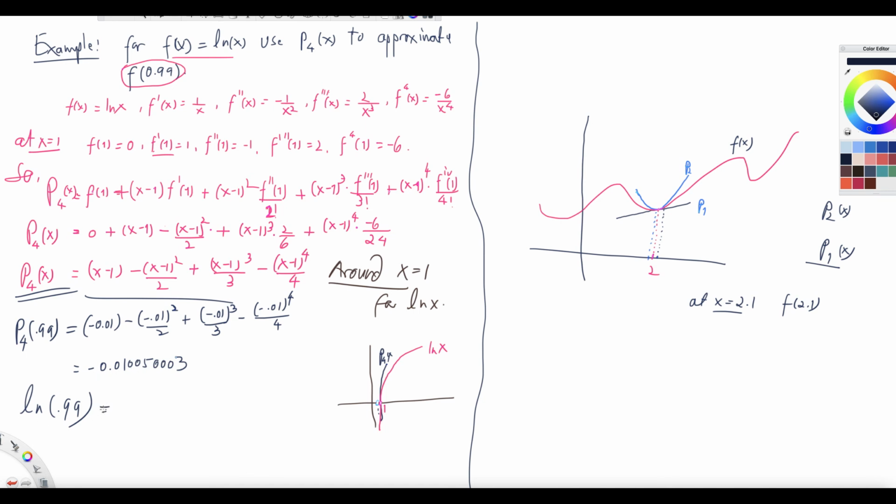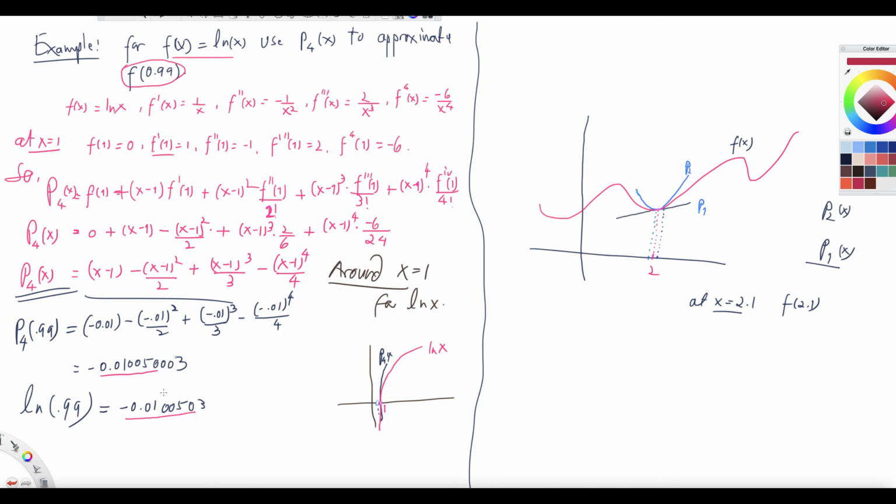And if I find this directly using a calculator, what do I get? I got negative 0.01005033. You see how many decimal places are the same here? 1, 2, 3, 4, 5, 6, up to 6 decimal places. You see, P4 was able to approximate up to 6 decimal places.